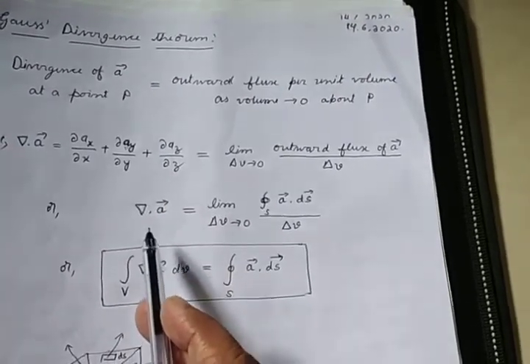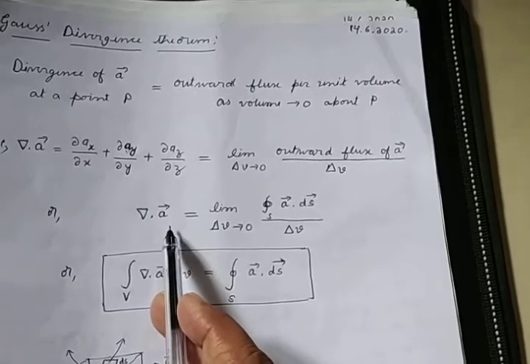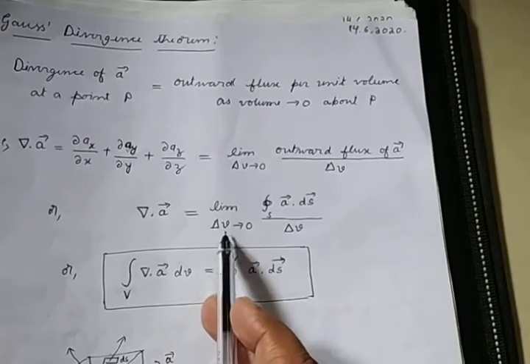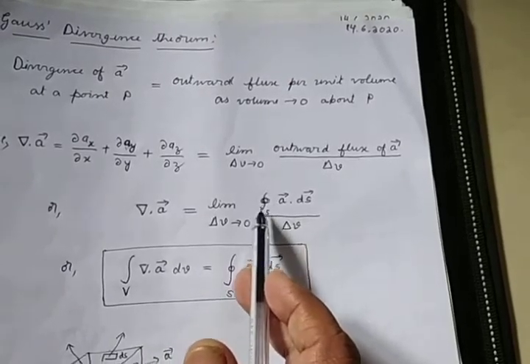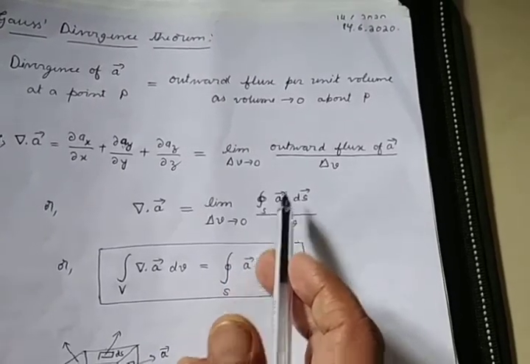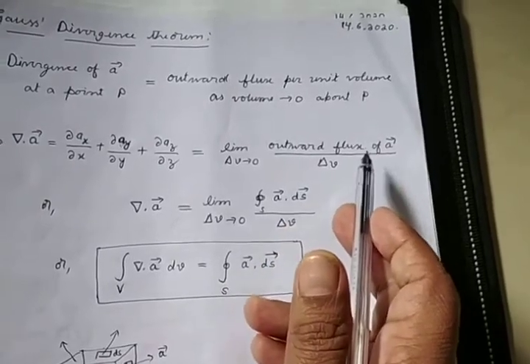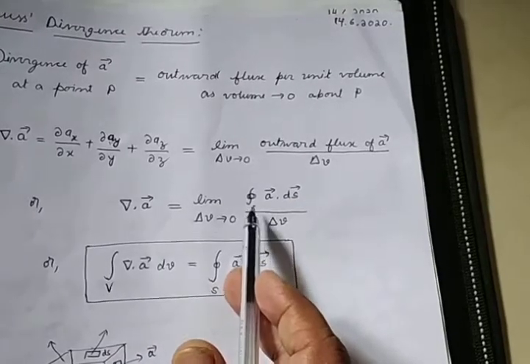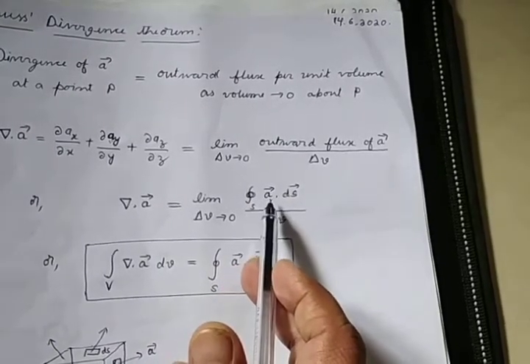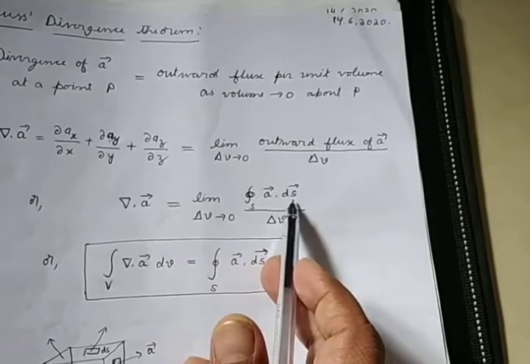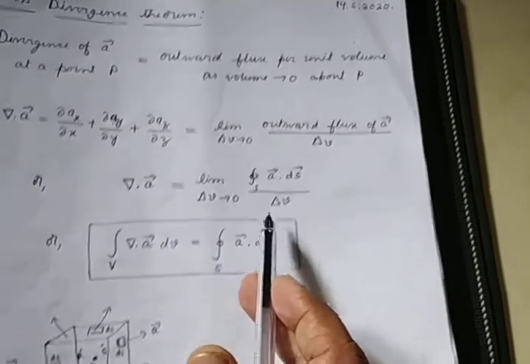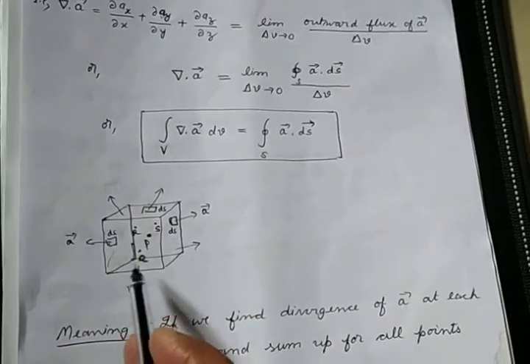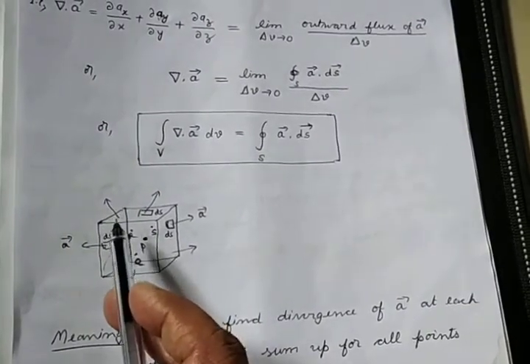So therefore we can write del dot A bar is equal to this limit, delta V tends to 0, of the closed surface integral. So this is the outward flux of A bar over the surface which encloses the volume. Therefore it is the closed surface integral of A bar dot ds bar by delta V. So we have to take this surface which encloses this cubical volume. So it's a closed surface.